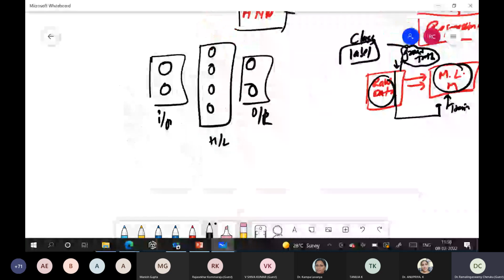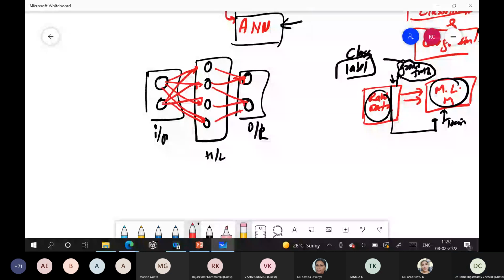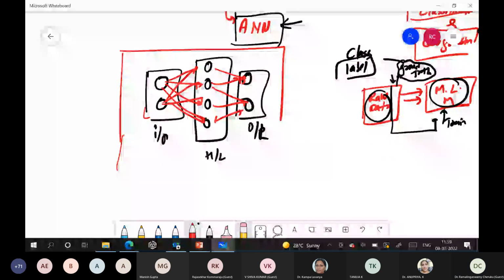The very basic ANN will consist of at least one hidden layer, and these neurons are connected in some fashion. Between successive layers, there are interconnections.